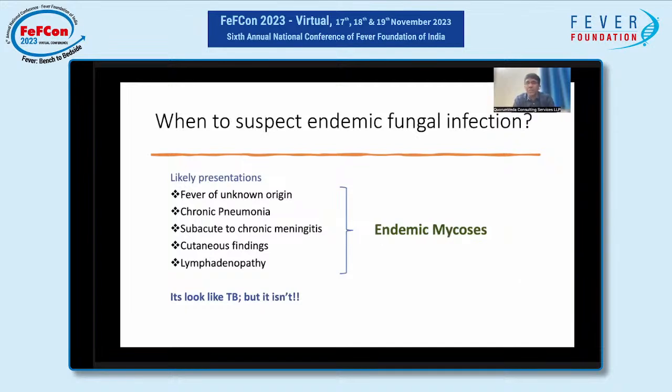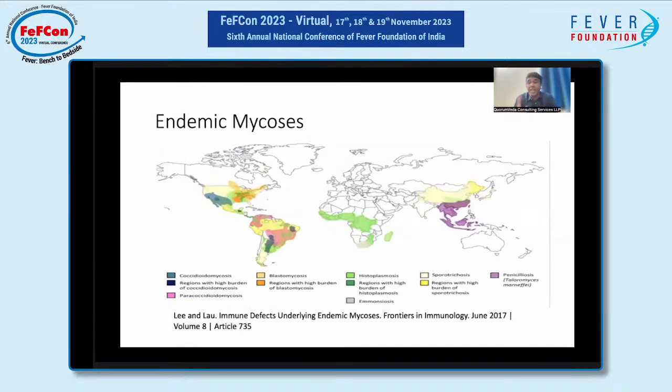You are having a patient with fever of unknown origin, or chronic pneumonia, or subacute to chronic meningitis, or skin findings, lymphadenopathy, or something which looks like TB, but you don't have a proof for TB. You think about endemic fungi, or endemic mycosis. Something looks like TB, but there's no TB. Think about endemic fungi.